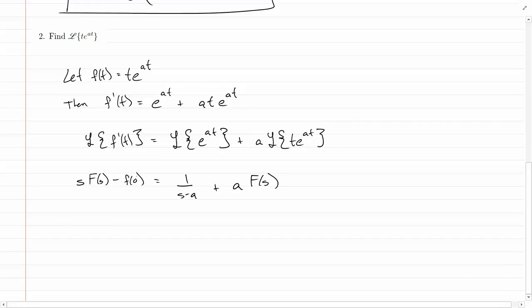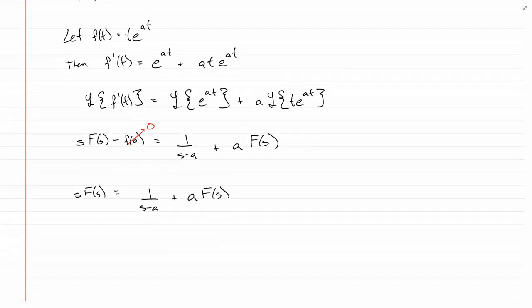One nice thing is that little f of 0 is 0, because you can just see that if you plugged in 0 here, you'd have 0 times 1 is 0. So you have s capital F of s is equal to 1 over s minus a plus a capital F of s.